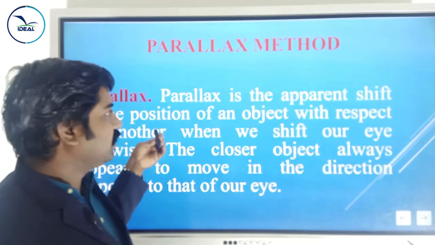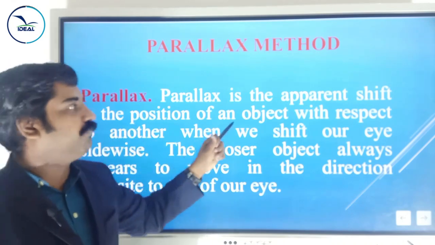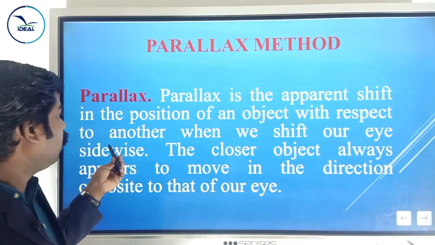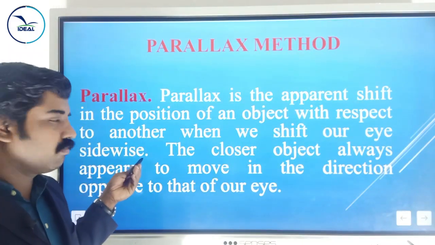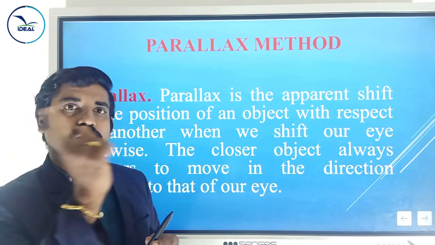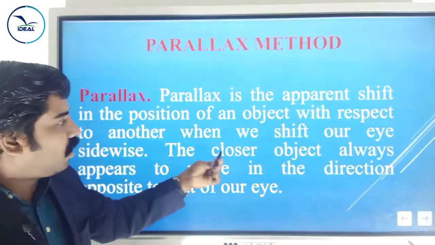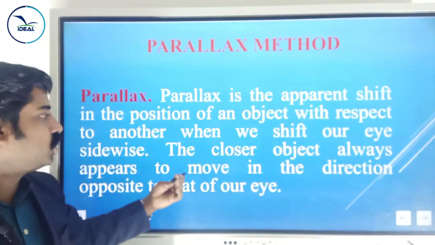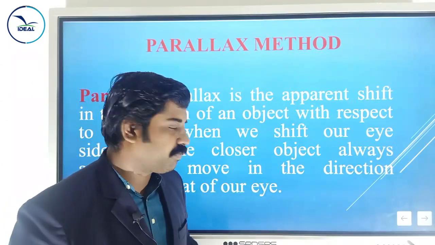Parallax is the apparent shift in the position of an object with respect to another when we shift our eye sidewise. Likewise, if we move our eye from one side to the other, a shift occurs. The closer object always appears to move in the direction opposite to that of our eye.